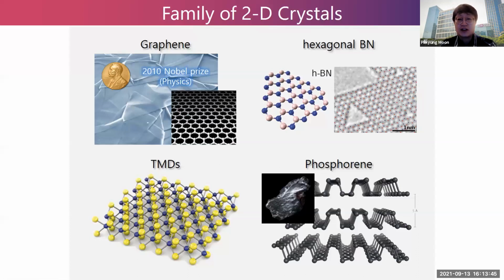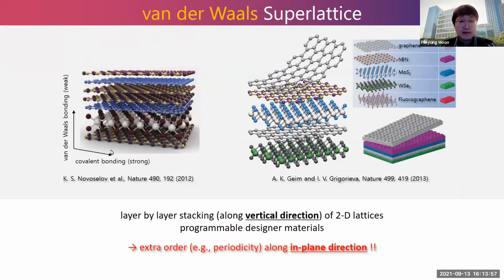These materials not only provide interesting properties by themselves, but also serve as building blocks to make a new kind of superlattice. Since this is a two-dimensional structure, the bonding along the in-plane direction is very strong, while the bonding along the vertical direction is weak. So we can easily attach or detach the atomic layers.